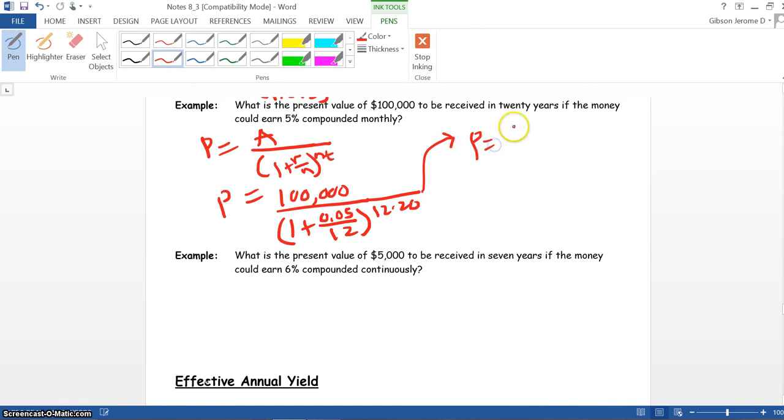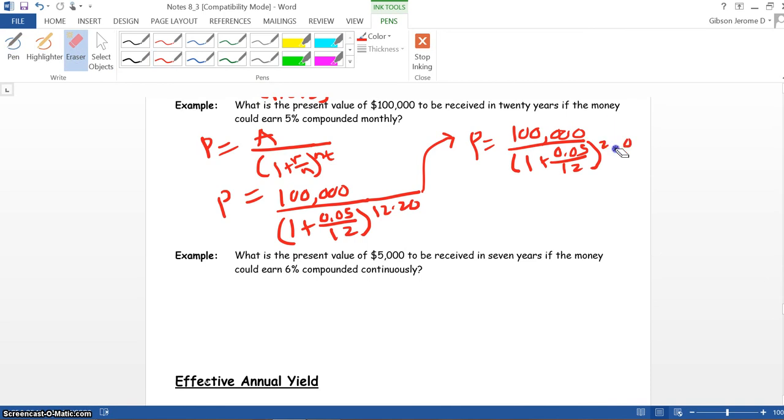So we have P is equal to 100,000 divided by, we will just put this 1 plus 0.05 over 12 in our calculator, and it's to the 240 power.